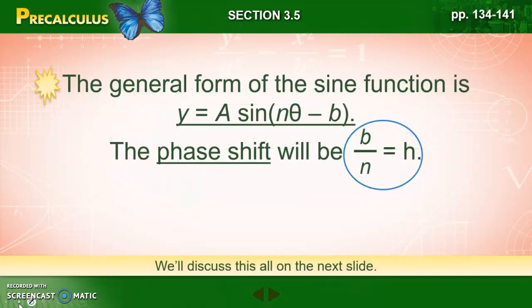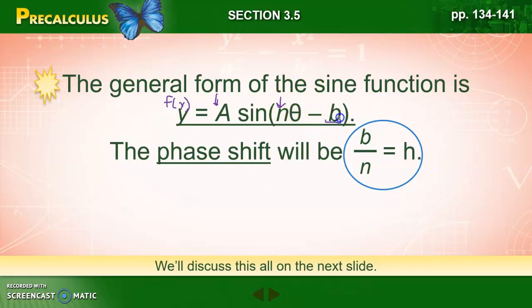theta in the equation. So here is the general form of the sine function y, or f of x, equals a sine times n theta minus b. All right, let's talk about what these letters represent again. A is our amplitude. N is the coefficient in front of theta that's going to affect our period.